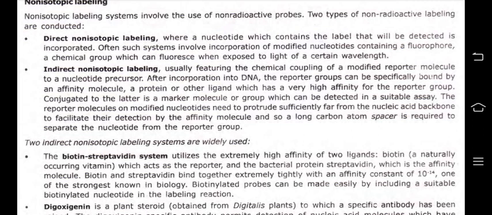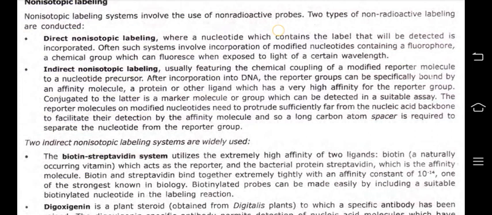After incorporation into DNA, the reporter groups can be specifically bound by an affinity group or molecule, a protein or other ligand which has a very high affinity for the reporter group. Conjugated to the latter is a marker molecule or group which can be detected in a suitable assay.